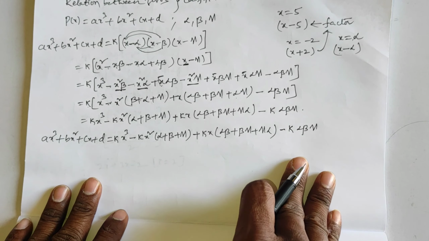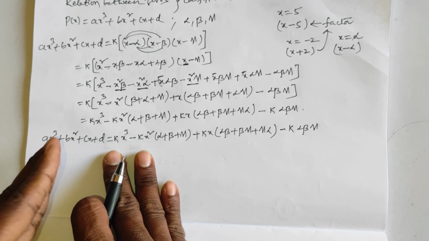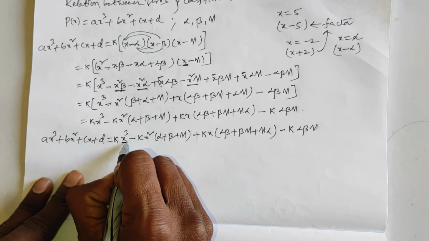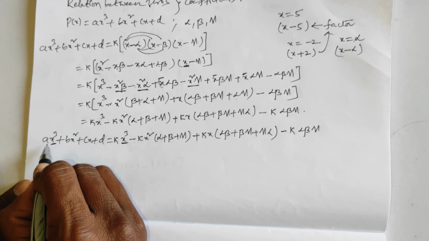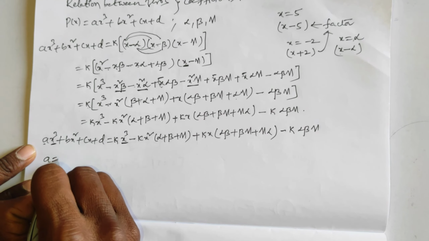Now we have to compare these two, LHS and RHS. See here, x cube is the same, so k is equal to a, or a is equal to k.